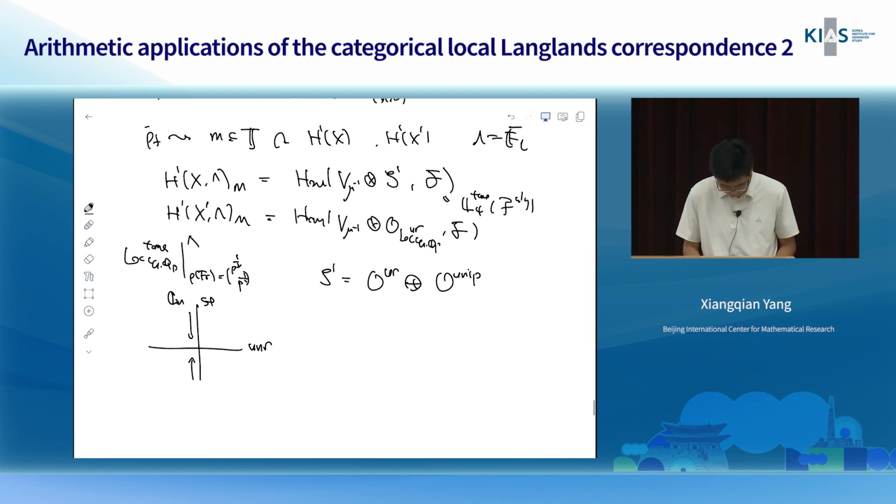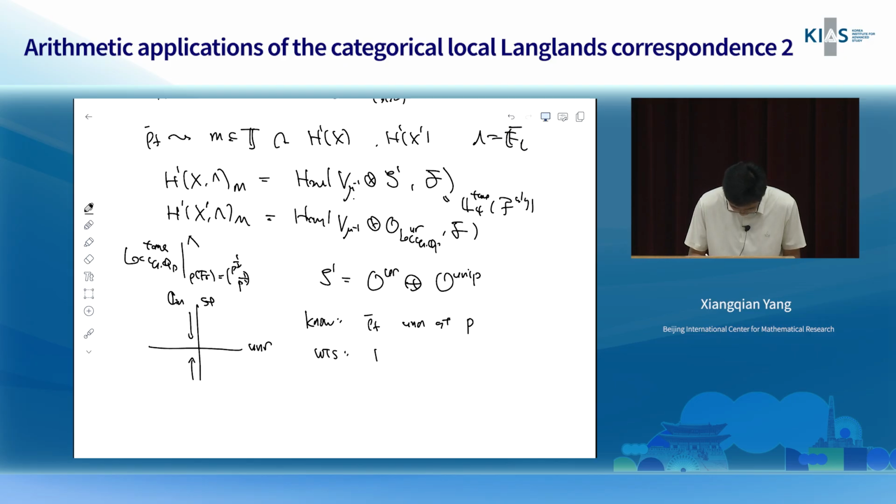Okay. So what it's saying is that this tensor product... sorry. So we know that this rho F bar is ramified at P. We want to show that this hyperspecial level cohomology is also non-trivial.